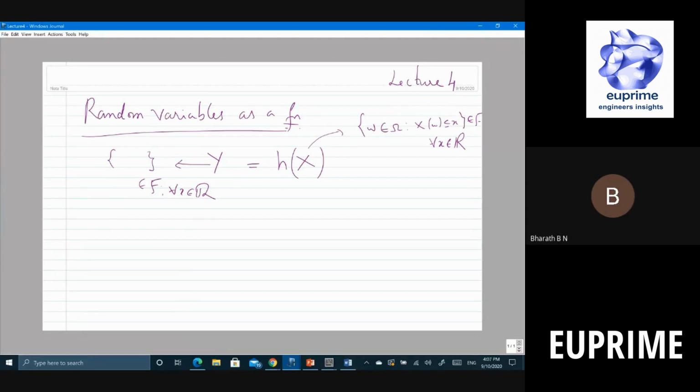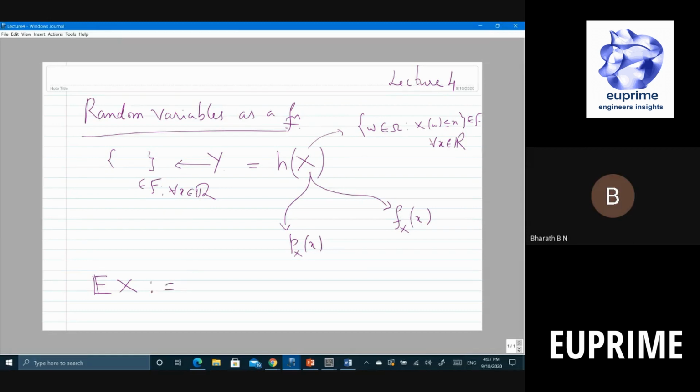Now suppose x has, depending on whether it is continuous or discrete, a density if it is continuous, otherwise a PMF p_X(x). Now I want to compute the expected value of y.